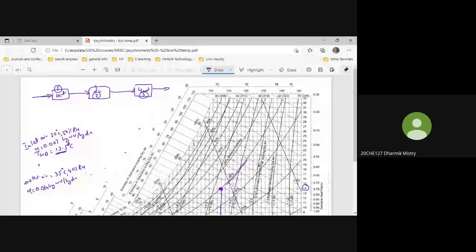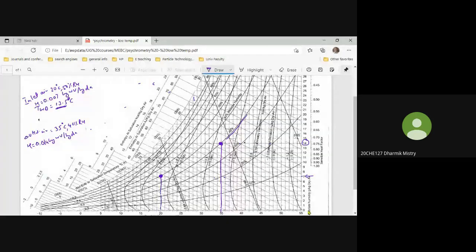Before step three, the percentage RH will be 100%, and the humidity which we finally want is 0.014. So we can see the corresponding line on this graph, and the temperature will be 19.2.